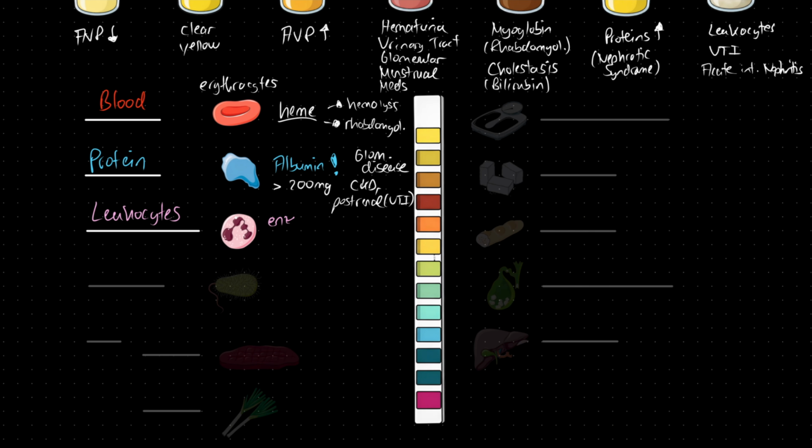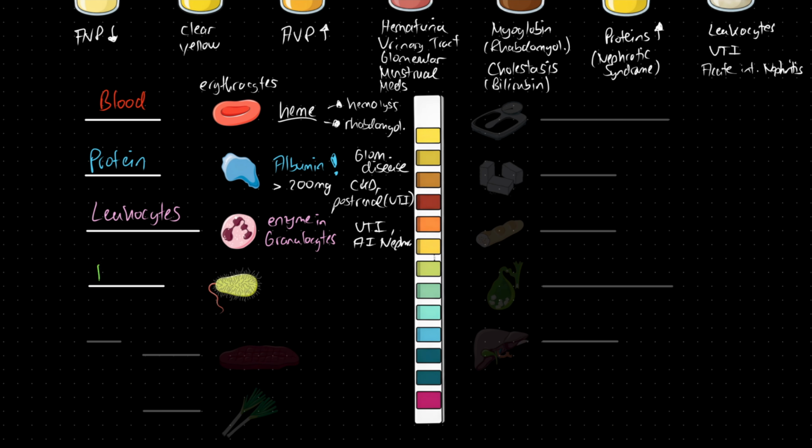The next parameter is leukocytes, although the dipstick does not detect the cells themselves. Instead, it detects an enzyme found in granulocytes. A positive result therefore suggests the presence of granulocytes in the urine and may indicate a urinary tract infection, since these are the cells fighting against bacteria. Leukocytes may also be present in acute interstitial nephritis, but then in the absence of bacteria.